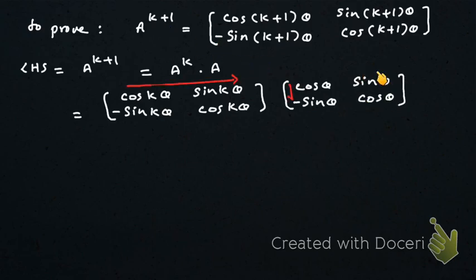A is there in my question, so I copy that as well. A 2 by 2 matrix into another 2 by 2 matrix will get me a 2 by 2 matrix again. The row goes with the column. The first row goes with the first column, first row goes with the second column, then we repeat it with the second row. So let's multiply. The first row goes with the first column.